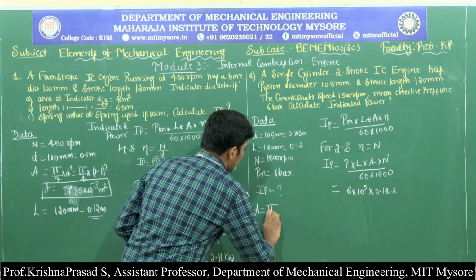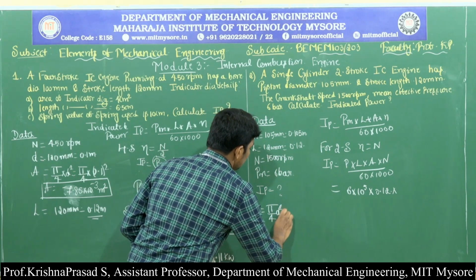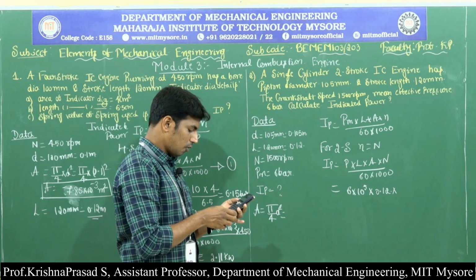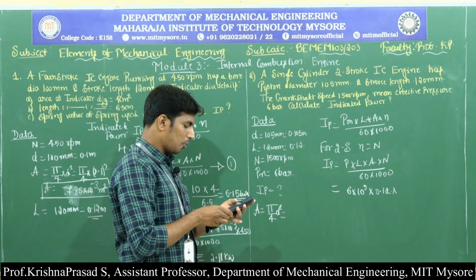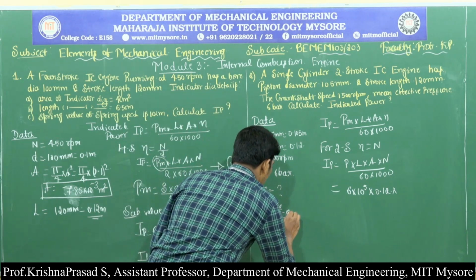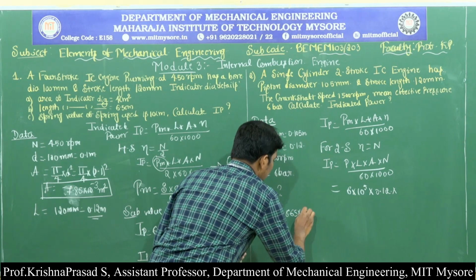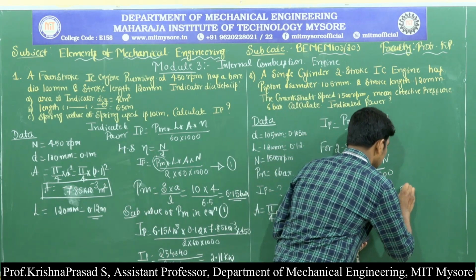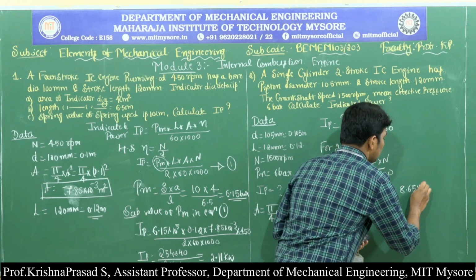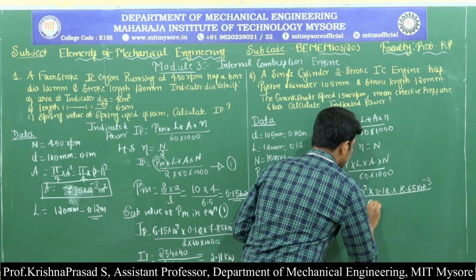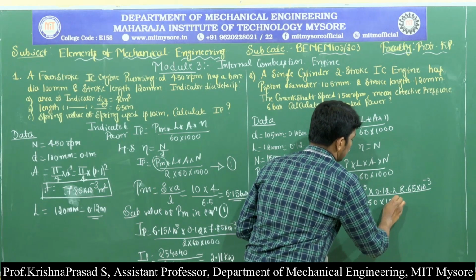Area equals pi by 4 into d square, that is 0.105 whole square into pi divided by 4, that is 8.65 into 10 to the power of minus 3 meter square.